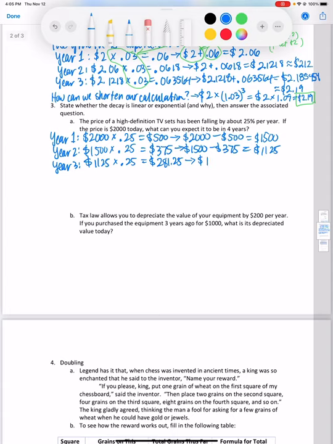And we subtract that from the 1,125, and we get 843.75.